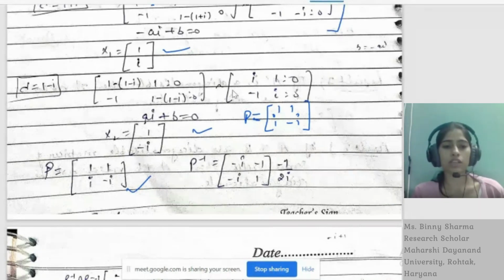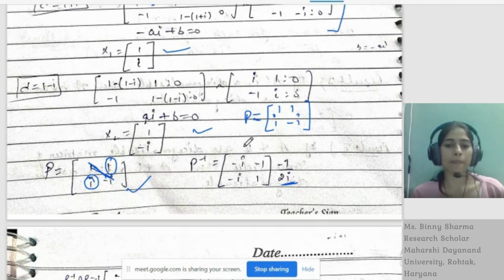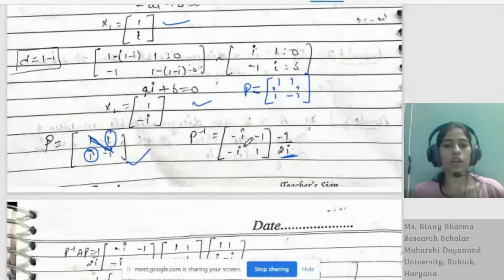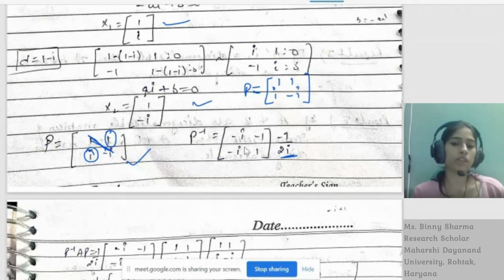You know how to find the inverse of a 2 cross 2 matrix: just change these entries, take the negative of the off-diagonal elements, and divide by the determinant. So in this way we find P inverse, that is [-iota -1-iota... 1] times a factor of -1 by 2 iota.